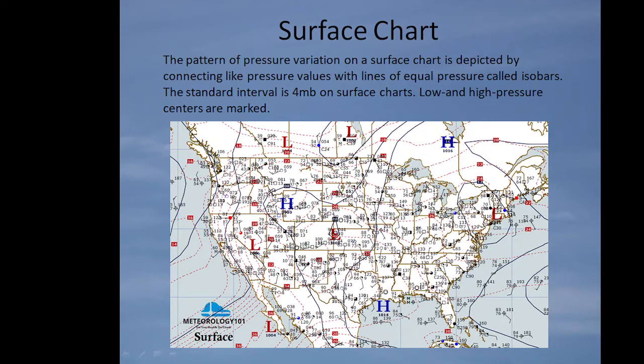So active cold fronts, inactive cold fronts, how fast they're moving, what the slope is. You can determine all this from surface and upper air charts.